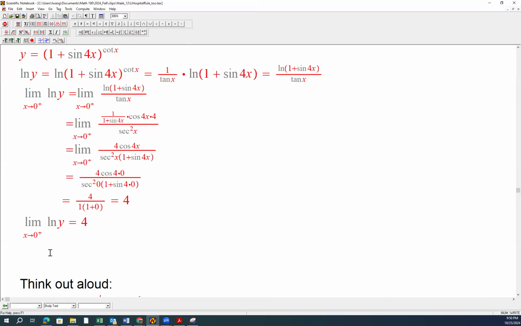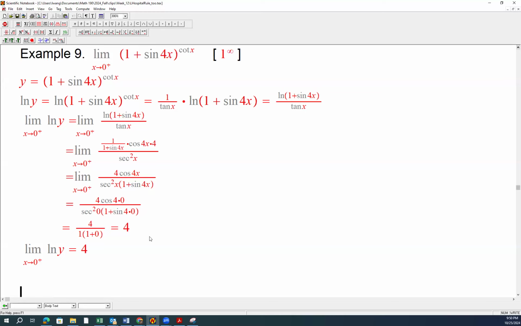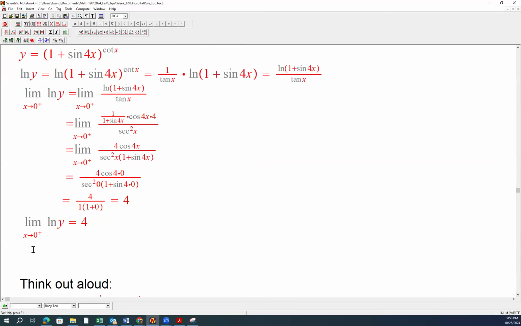But that's not what we wanted. We want the limit of y, right? So what we really wanted is y. So how do we get to the limit of y? We're going to be doing the following steps.